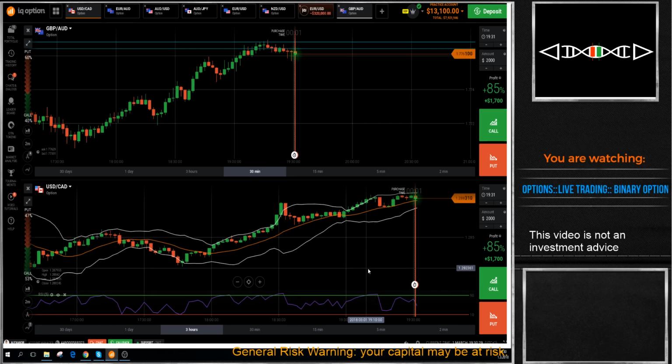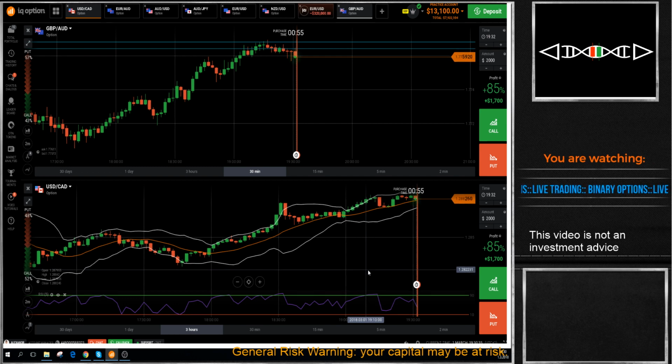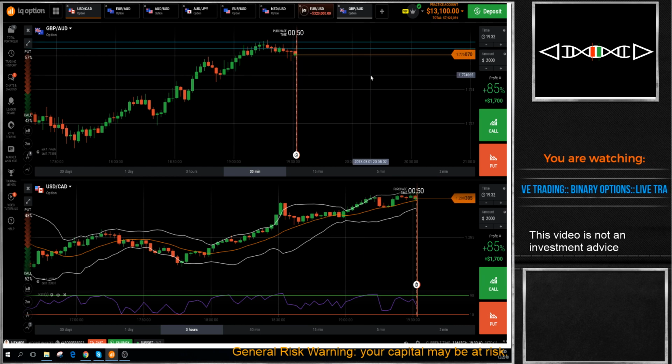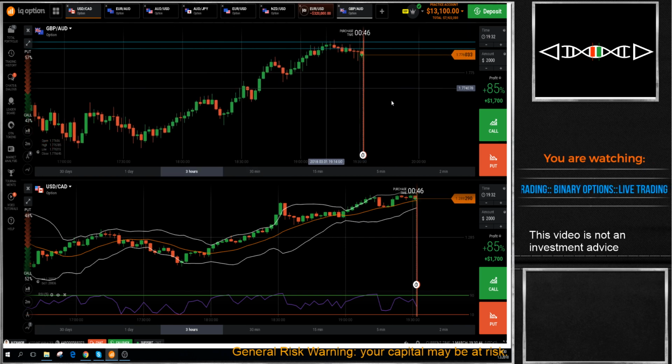So this is what works for me the best. Every trader can use their own settings or method, but this is something that has been working for me, so I'm willing to share this setup with you guys.